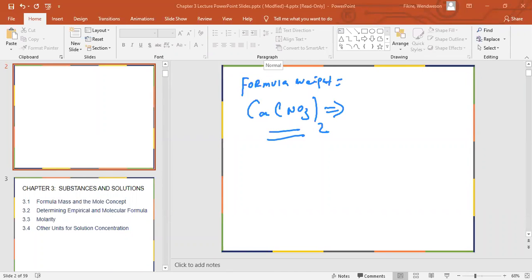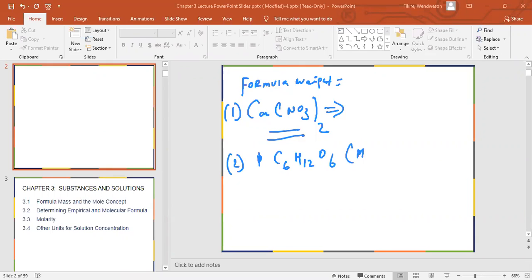So I want you to see the difference between calcium nitrate and, let's say, C6H12O6. I want you to calculate the two and give me the answer.